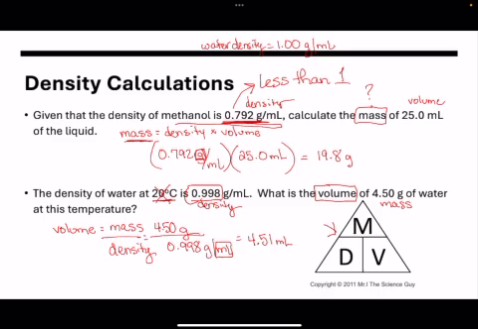Would it be the water or would it be the methanol? Well, since methanol is less dense than water, then you would have water on the bottom with the methanol on top. So that comparison gives us an idea when we're looking at different densities and how they compare to water.